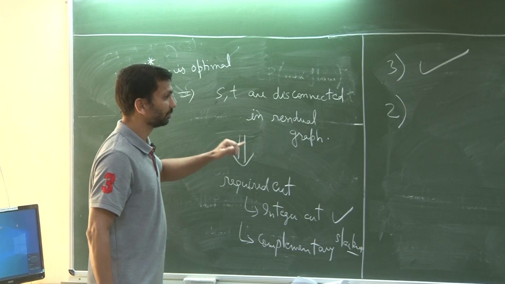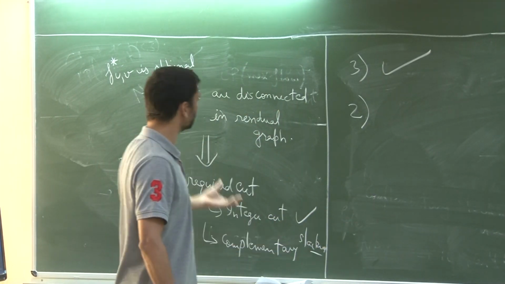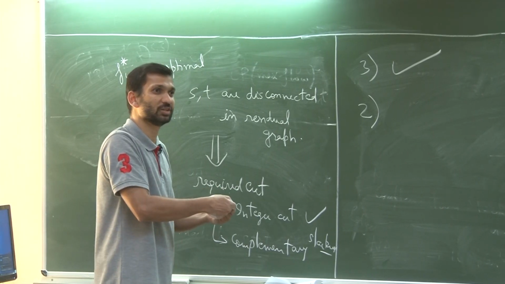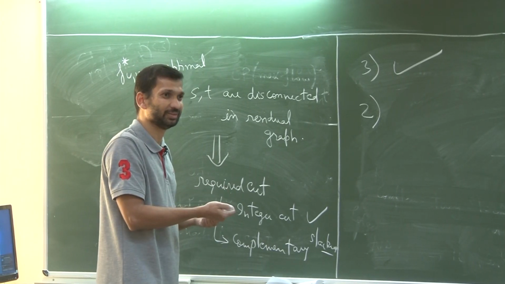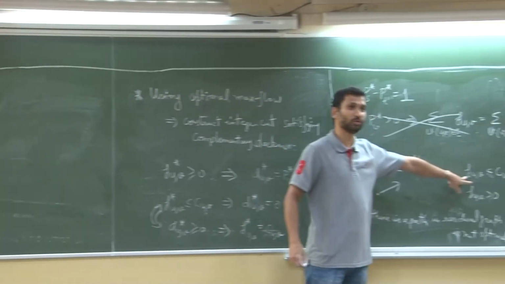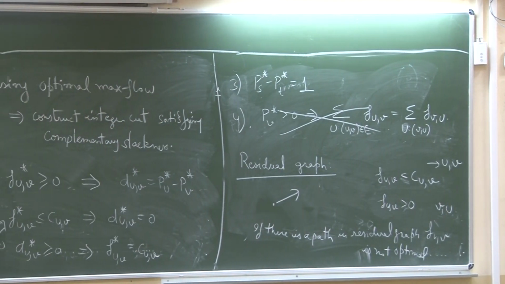If d star UV is greater than or equal to 0, that means in the residual graph, there is no edge between U and V. That means F UV must have been equal to C of UV. Okay.